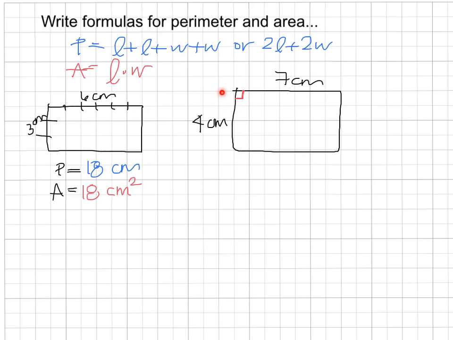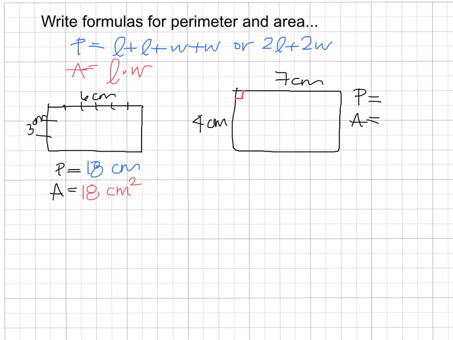All that tells us is that this is a right angle. And if this is a right angle, that means this is a right angle, and these have to be right angles. So we know that even though it's a really poor drawing, it is actually a rectangle. For this rectangle, I would like you to determine the perimeter and the area. Pause the video, work the problems, and then when you're done, see if you get them right.